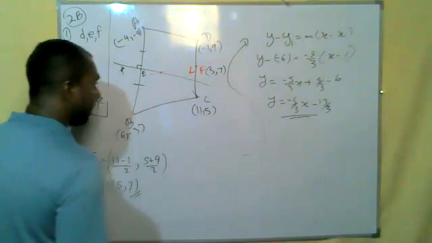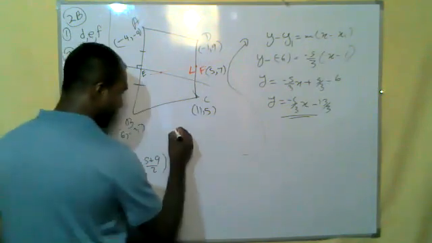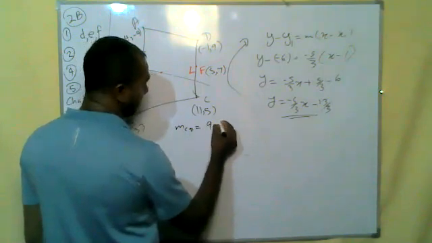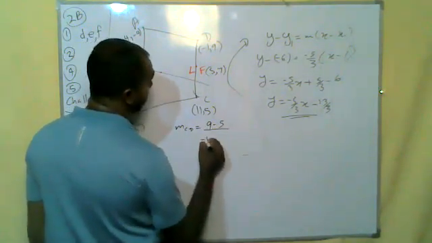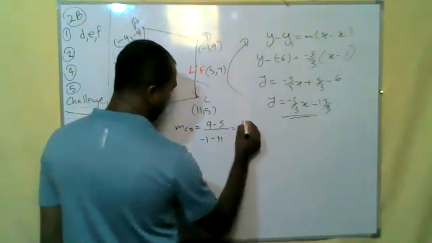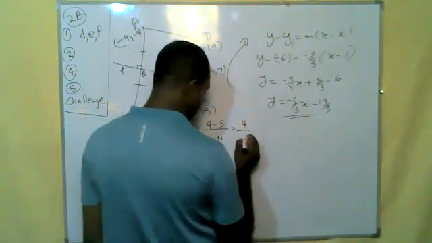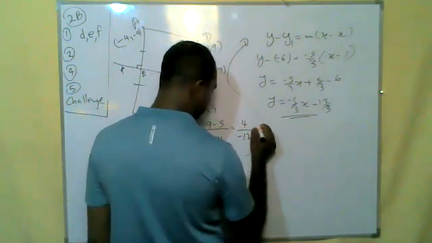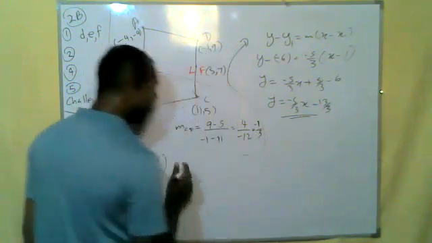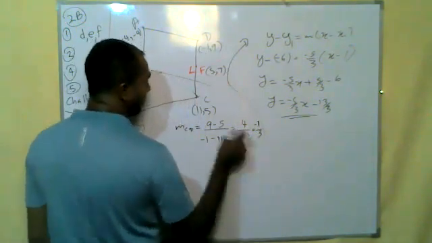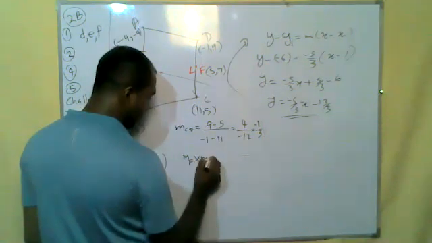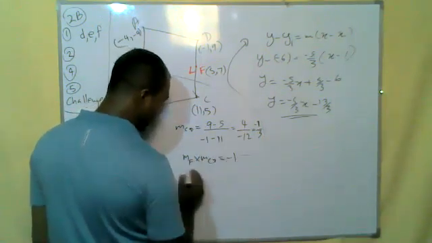And what is the gradient of CD? CD equals 9 minus 5 over minus 1 minus 11. So 4 over minus 12, which is equal to minus 1 over 3. For the gradient of the perpendicular line, I would write MF times MCD should be equal to minus 1.